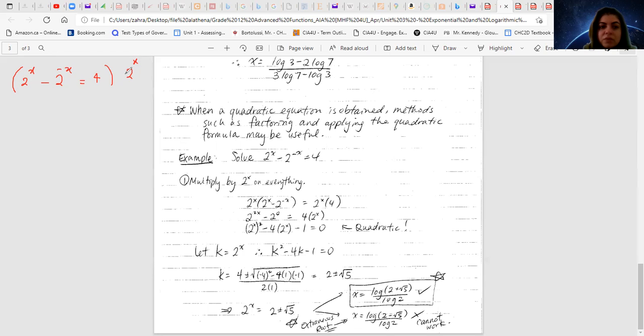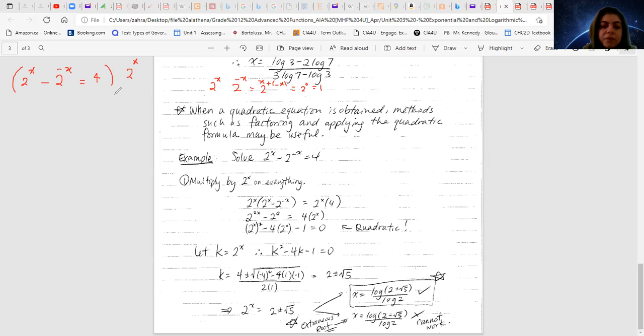Because then 2 power x multiplied by 2 power negative x, you have the same base. You just add the powers, right? x plus negative x. What is x plus negative x? It's 0, right?